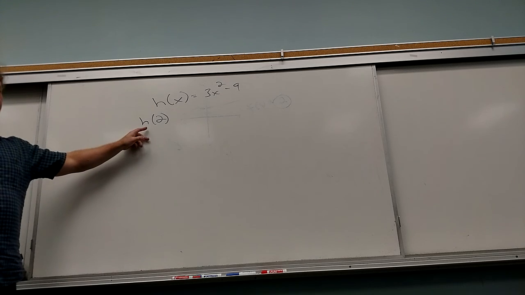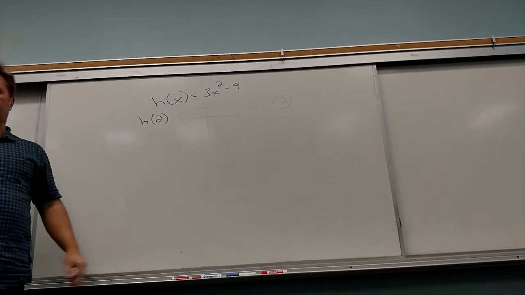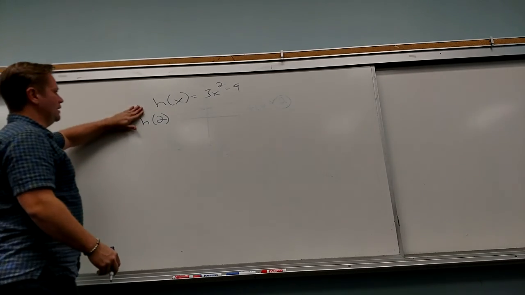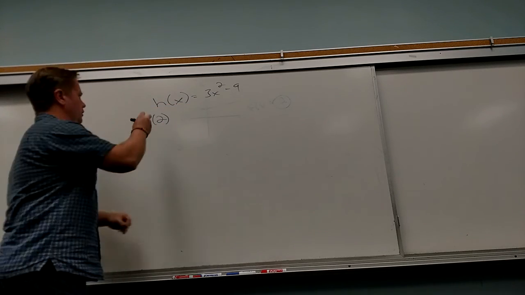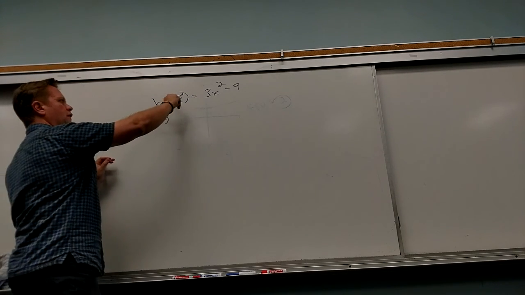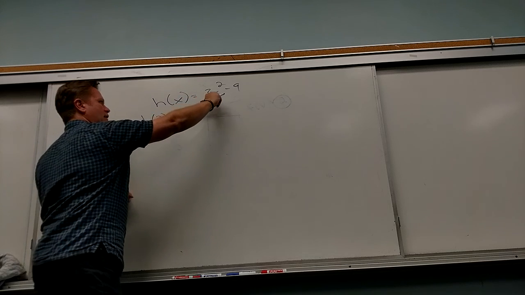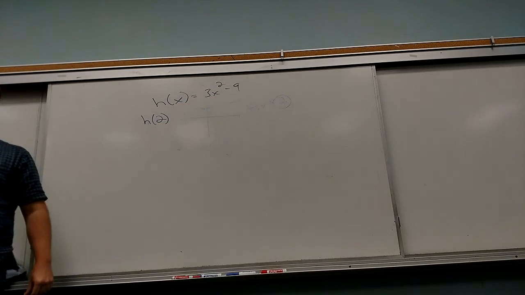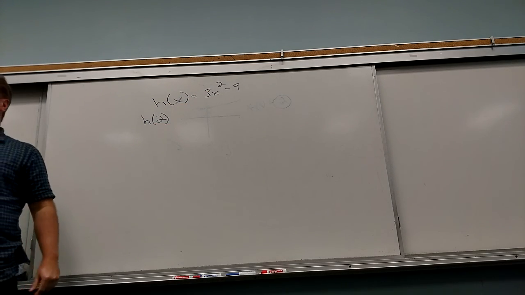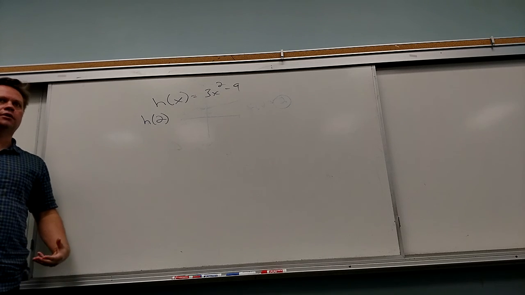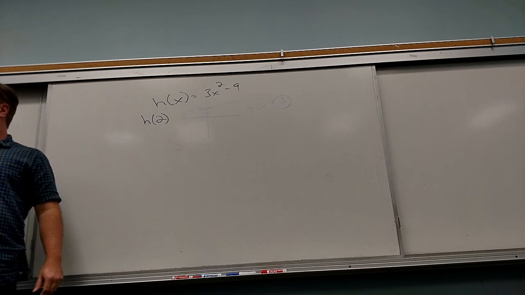Do you see how this is not h times 2? And I am not saying that h equals 2. So h of x is 3x squared minus 9. What's h of 2? 3 times 2 squared minus 9. It's really just substitution.